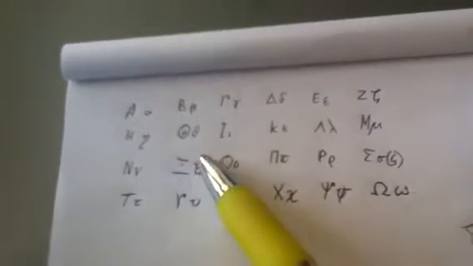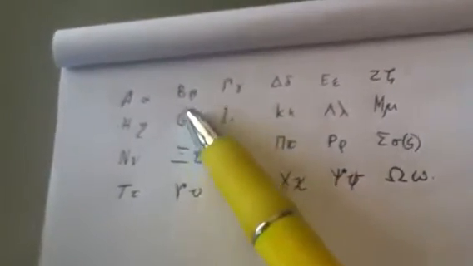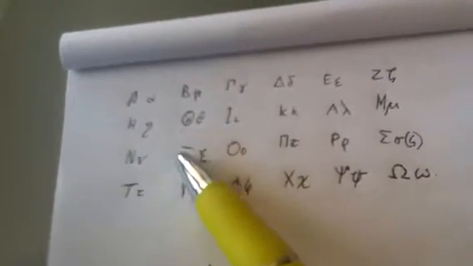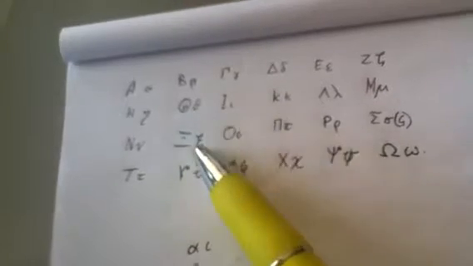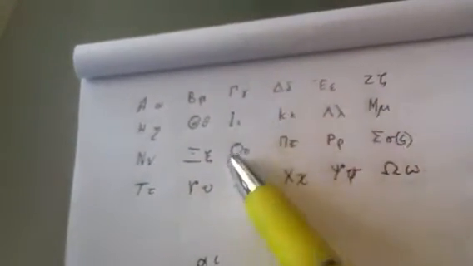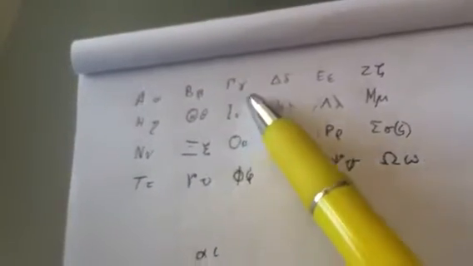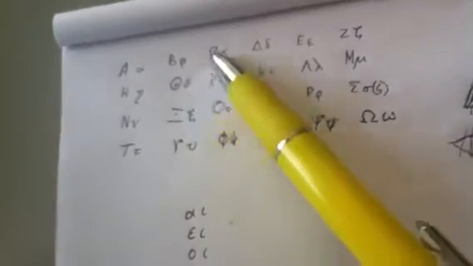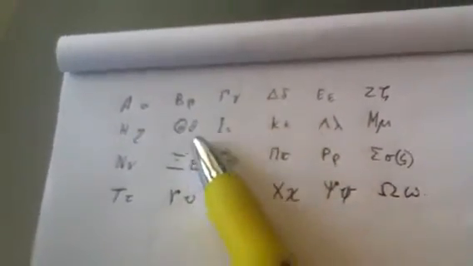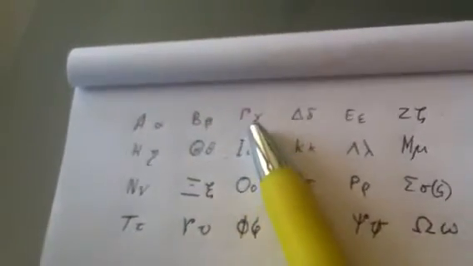Now xi is one of the odd ones, along with theta, which have different looks, which look a little bit odd, I guess you could say. And gamma and delta also, but delta not so much. But these three in particular so far are a little bit different to English or Latin alphabets.